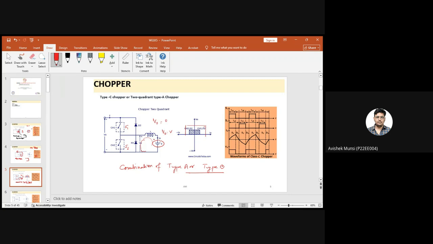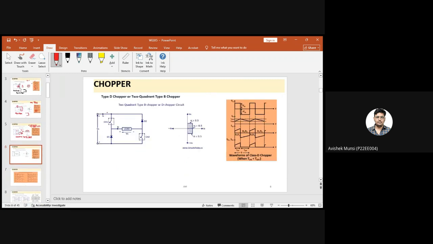So this is a class C type of chopper, which can be used for DC motor control and mainly in the regenerative braking of a DC motor.